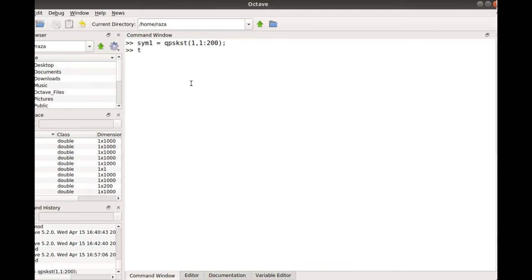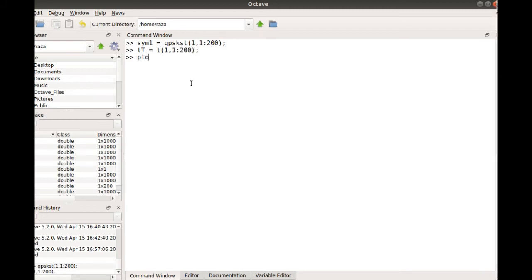And similarly, the time interval would be just the first 200 samples of t, which is 1 to 200. So this is my time interval. Let me plot it and see whether we actually got this first symbol or not.